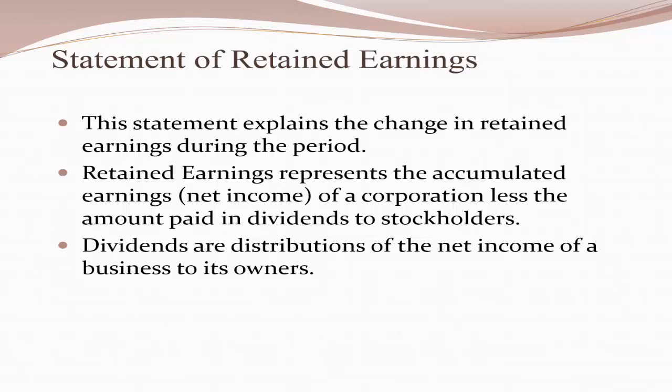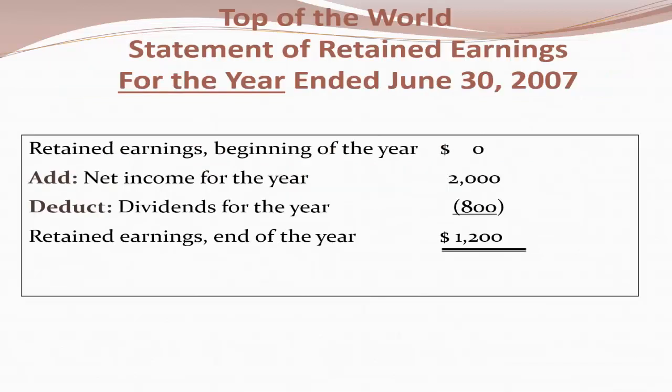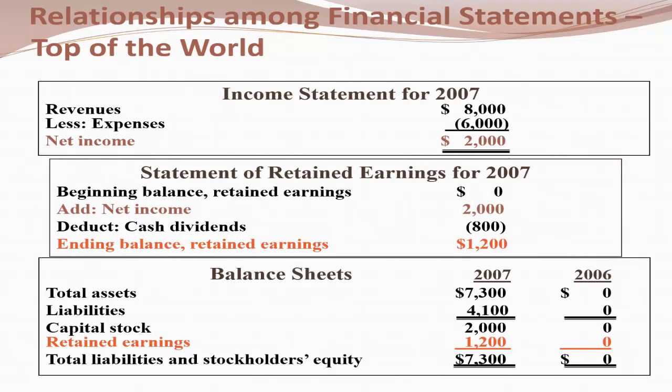Also, dividends are distributions of the net income of a business to its owners. So here is a statement of retained earnings. This is an example of retained earnings, and this is the relationship among financial statements.